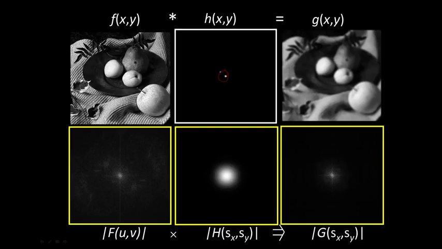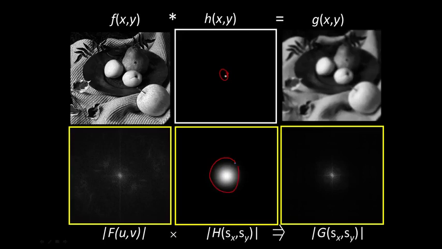And when I convolve the Gaussian with the original image, I get exactly what we'd expect, a slightly blurry version of the image. But look what happens in Fourier space. The Fourier transform of this tight little Gaussian is this big fat Gaussian. Remember we said a small Gaussian in space has a big Gaussian in frequency.